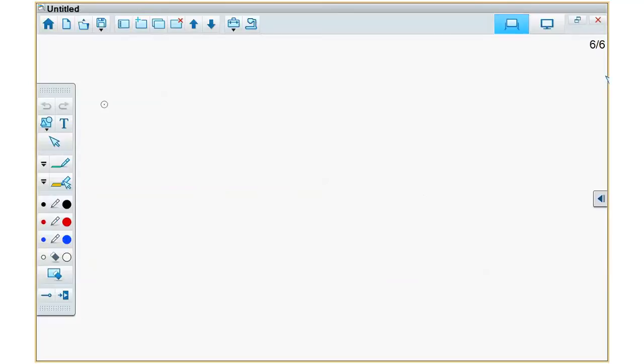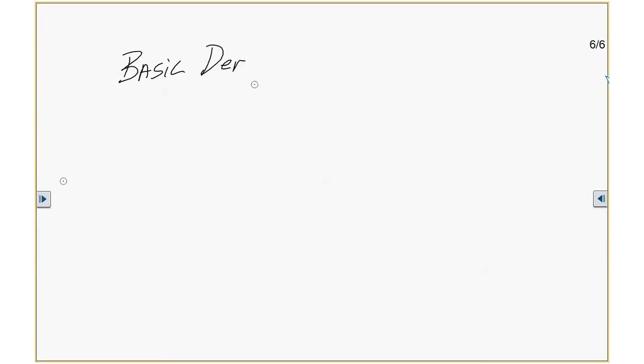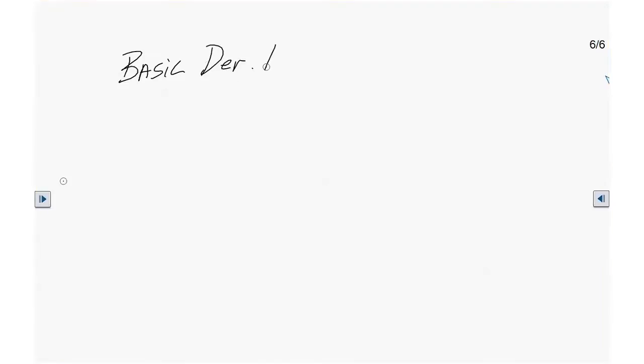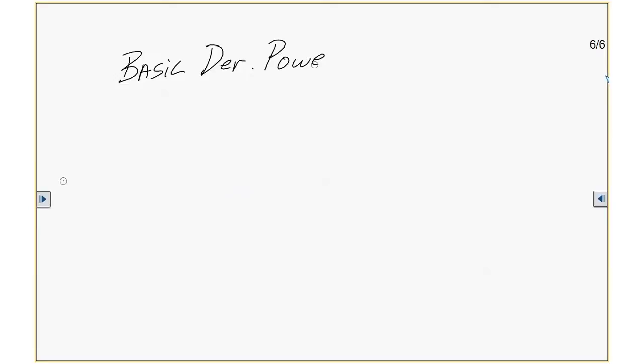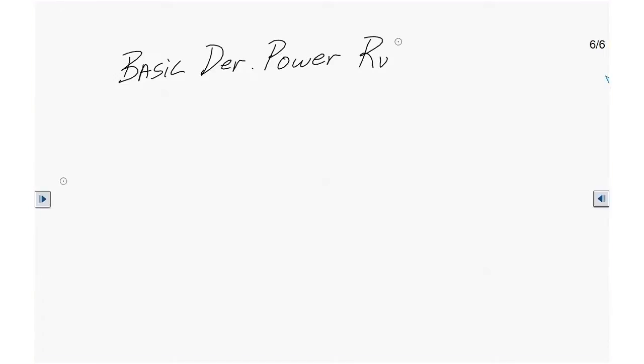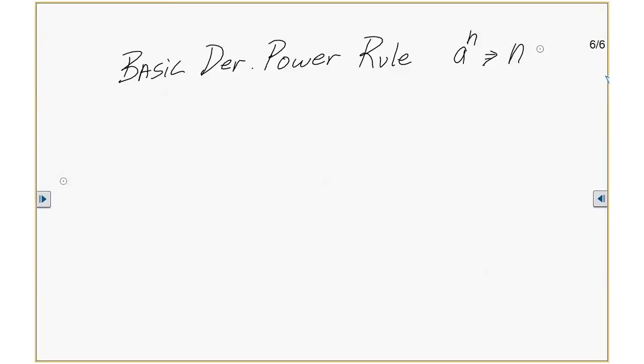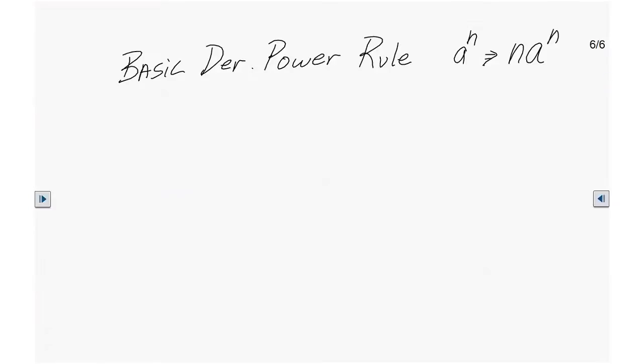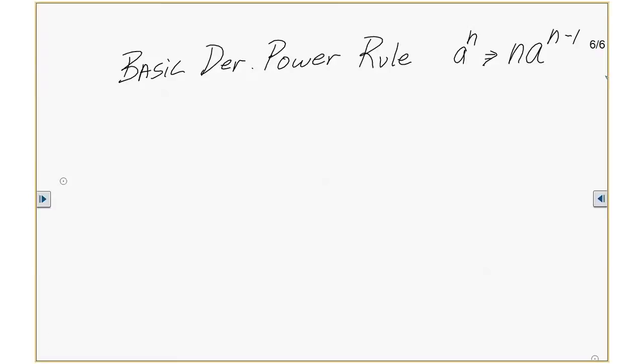There's the basic derivative power rule, which we just did, which means a to the n is equal to n times a to the n minus 1.